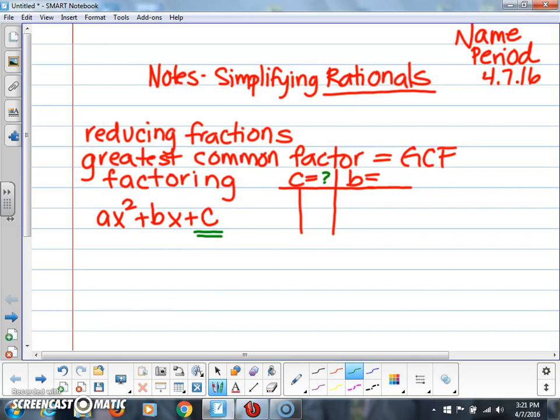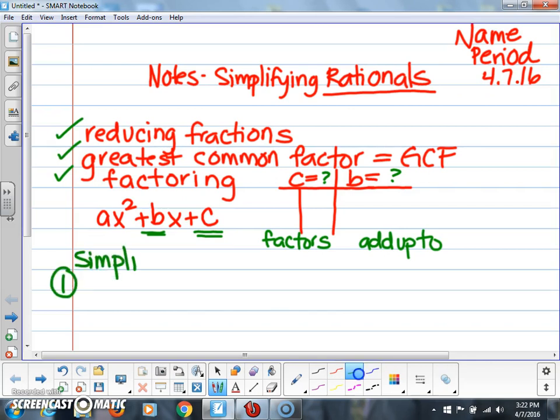Whatever is the second term of your quadratic function, which is the b, is going to be placed there. What you're going to try to figure out is what are the factors of c. So what numbers can I multiply together to get c that add up to, I mean, to b. Okay, so we're doing 1, 2, and 3 steps. So we're going to start with an easy one.